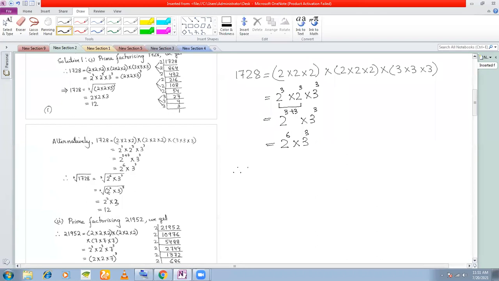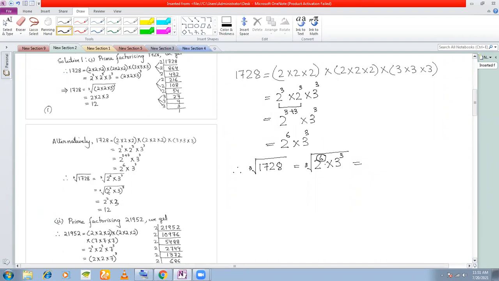Right? Now when you are taking the cube root of 2 to the power of 6 into 3 cube, what you can also do is, see, I have a 6 here.